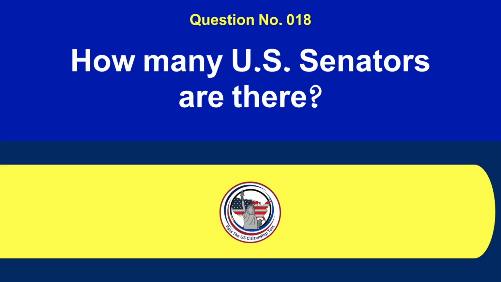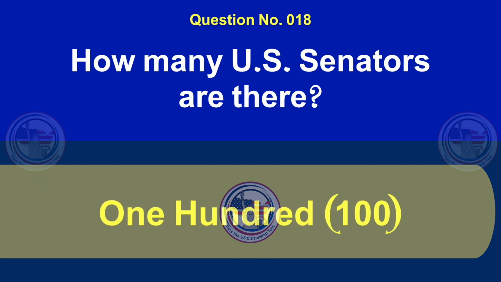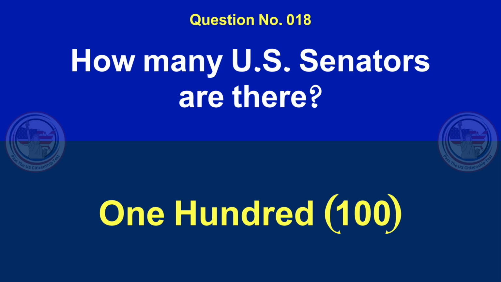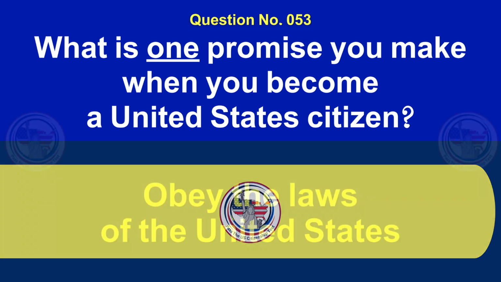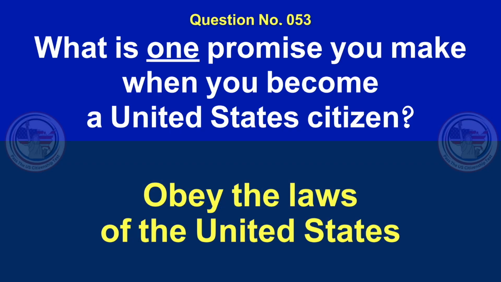How many U.S. senators are there? 100. What is one promise you make when you become a United States citizen? Obey the laws of the United States.